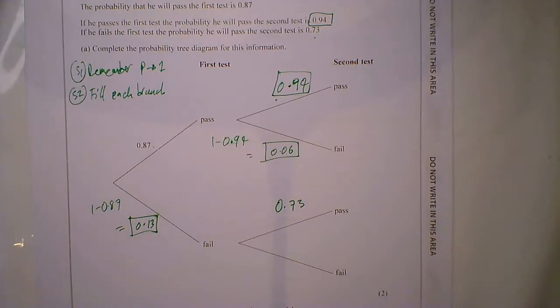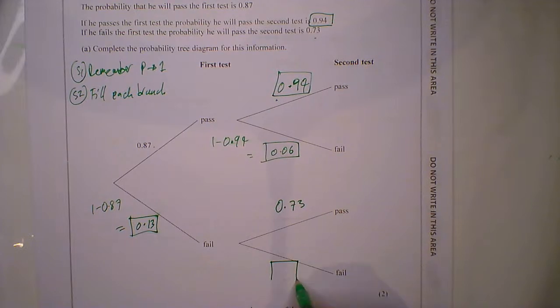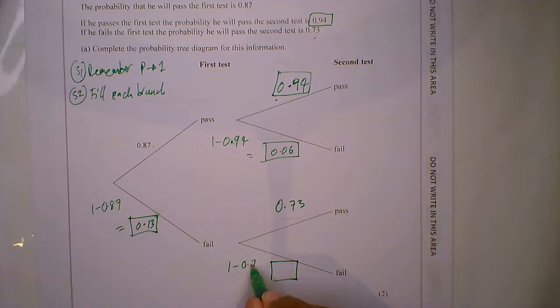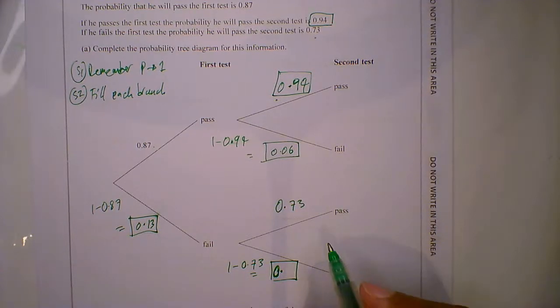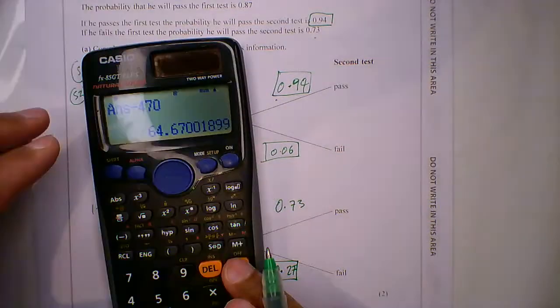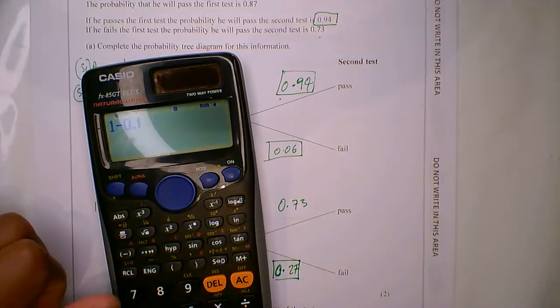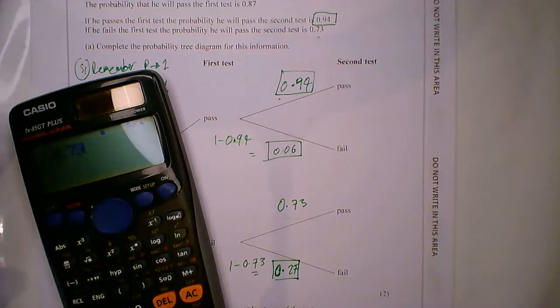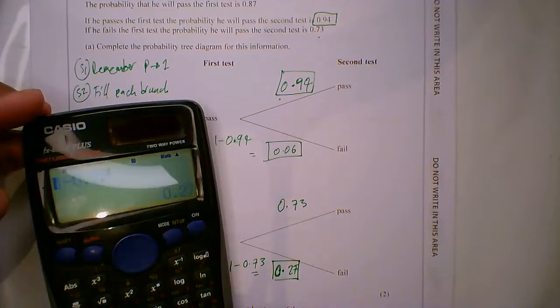And now I can go on to this box here, which is 1 take away 0.73, which is 0.27. Use your calculator, but that's 0.27. 1 take away 0.73. Not sure why I'm using my calculator, but I am.